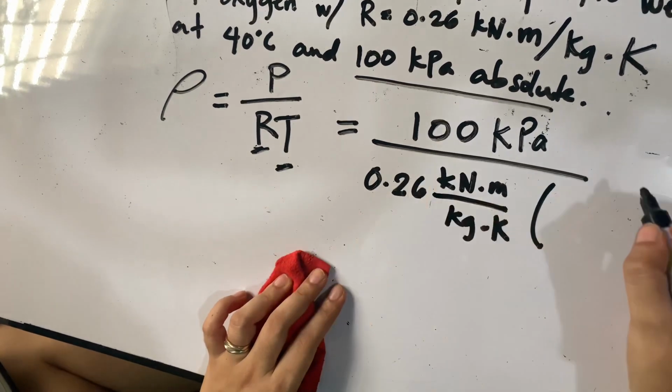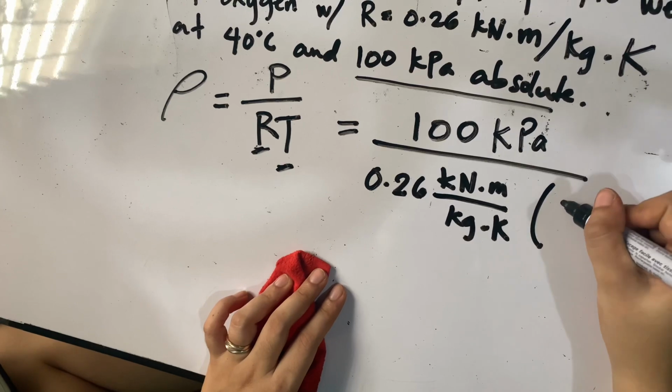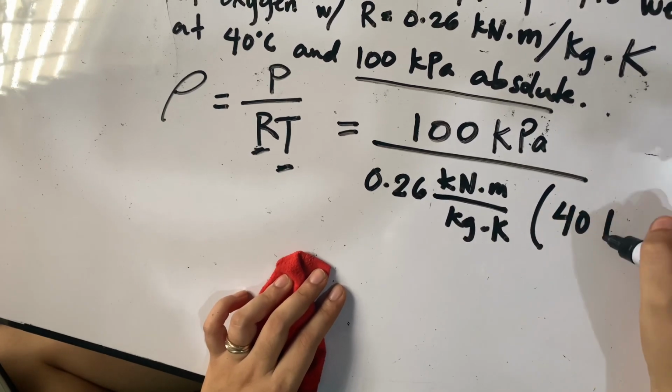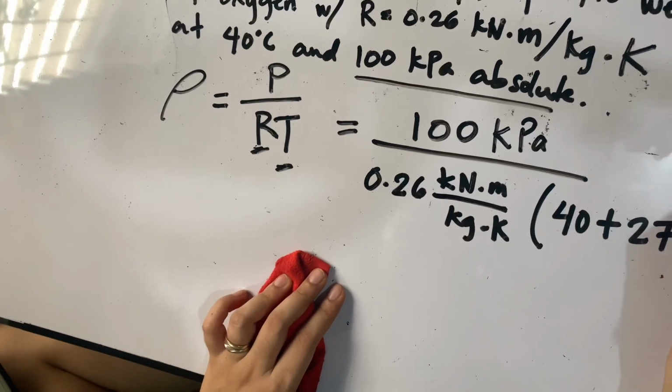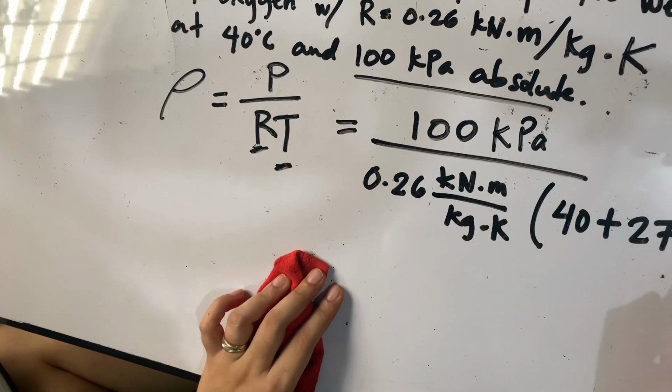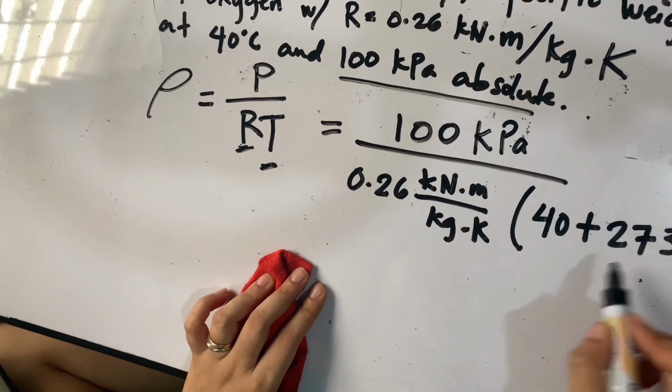To get the absolute temperature, we have to add 273 to 40 degrees Celsius, so this will be in Kelvin.